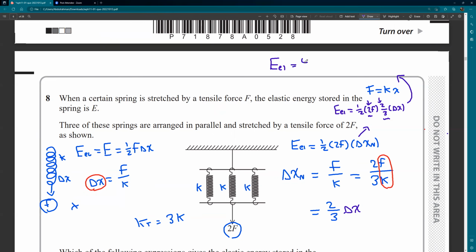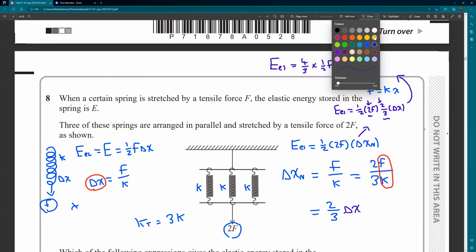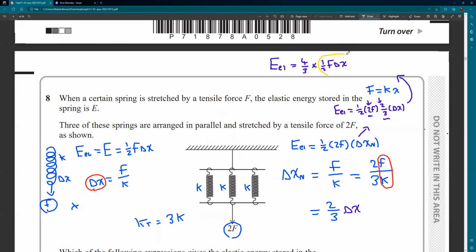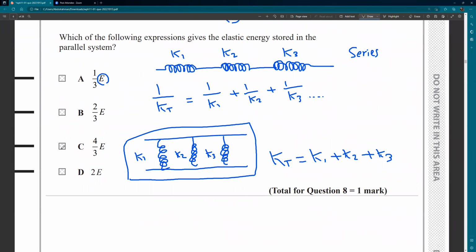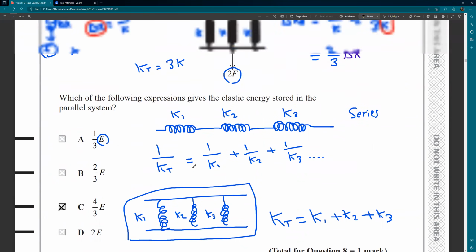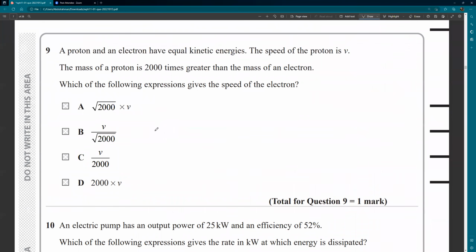So we could say it's 4/3 multiplied by a half F delta X. But we know that a half F delta X is equal to E, the elastic strain energy stored on the first spring. So the energy stored on your new spring is 4/3 E. And what is that? That is option C. I hope I didn't waffle too much.